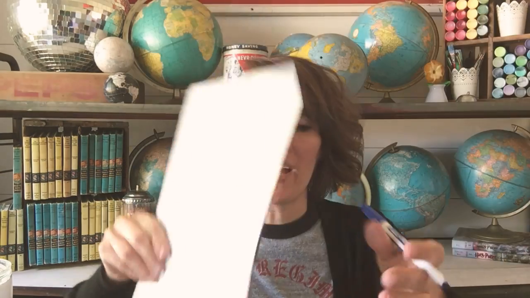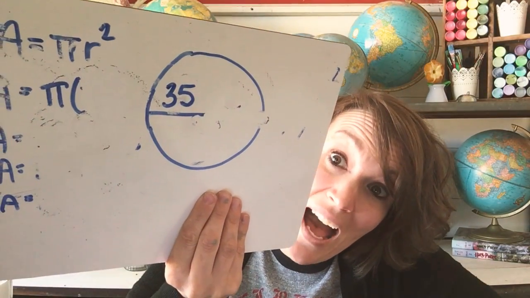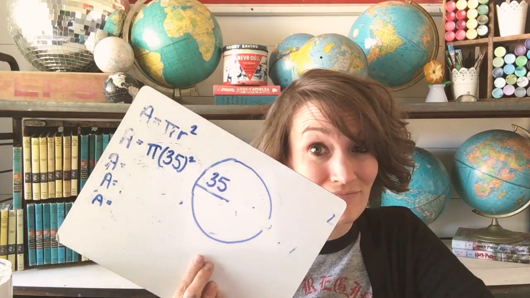Okay, one final problem. Let's do a big number. Find the area of a circle that has a radius of 35. So that's going to be pi times 35 squared.